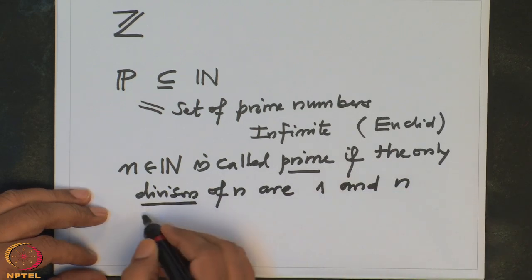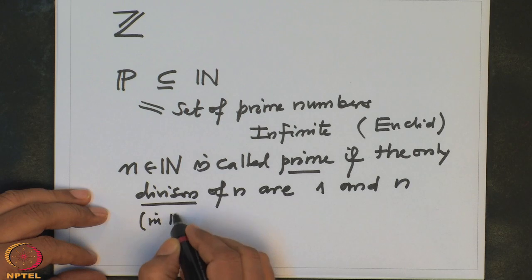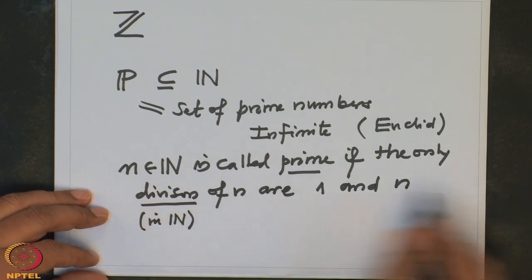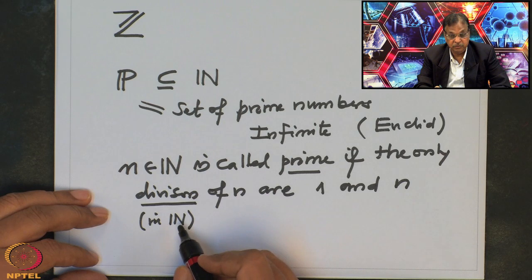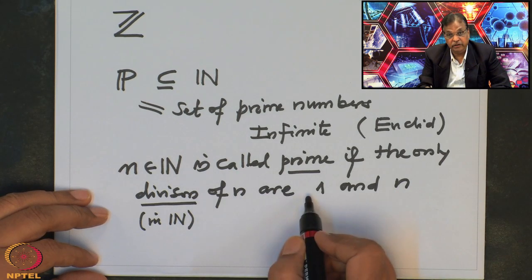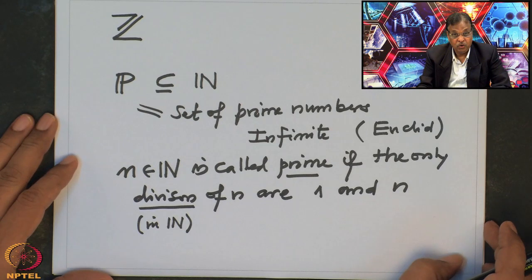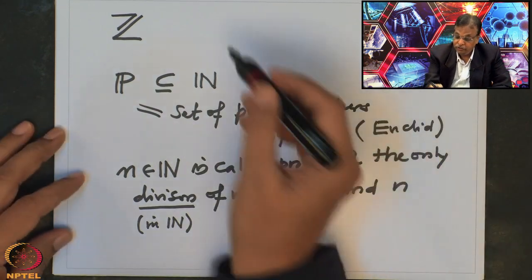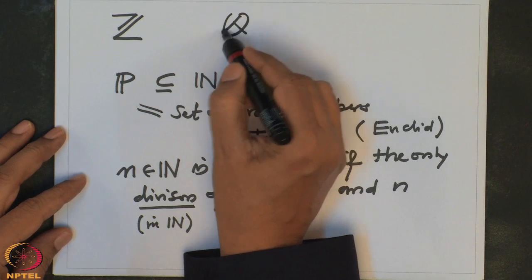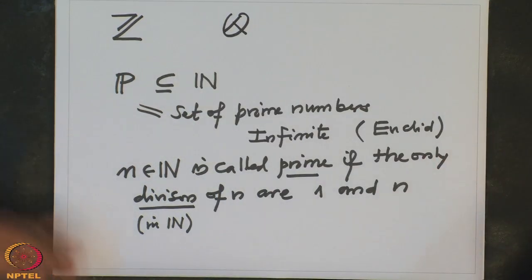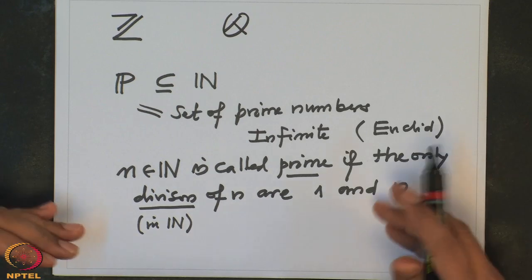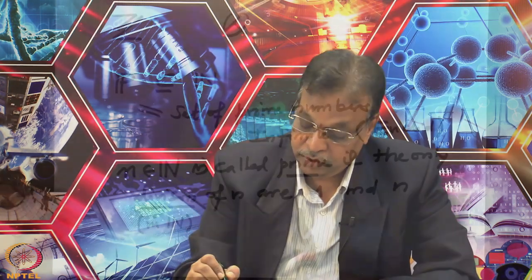And when I say divisors, we should better write in N. This is very important, because minus n is also a divisor of n if you allow divisors in Z, or if I go to rational numbers, then anybody will divide n, because I am allowed denominators, so 1 by n will also divide. So it is very important to say where you are taking the divisors.